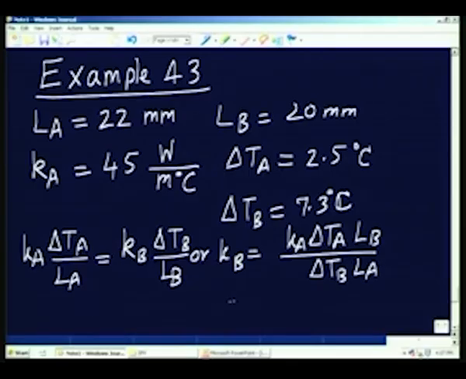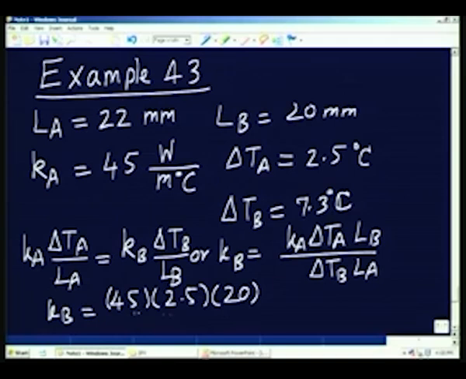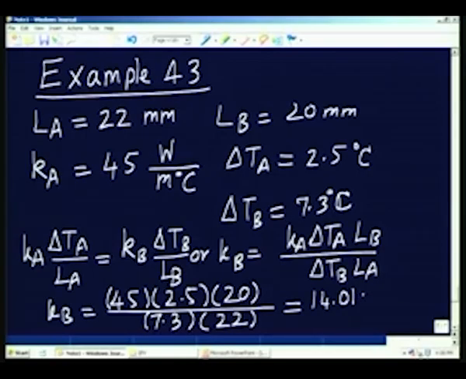All I have to do is to substitute the values. So, therefore, Kb equal to 45 into 2.5 into Lb is 20 divided by 7.3 into 22. So, this will give you a value of 14.01 watts per meter degree Celsius.